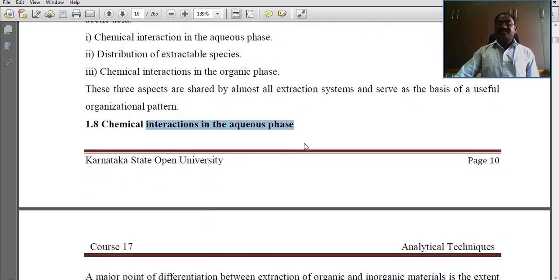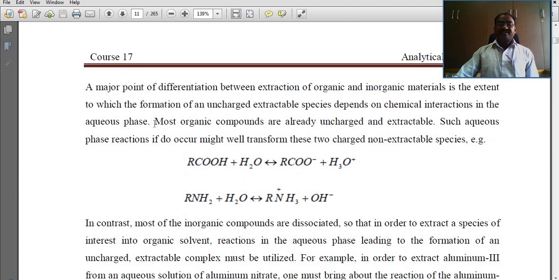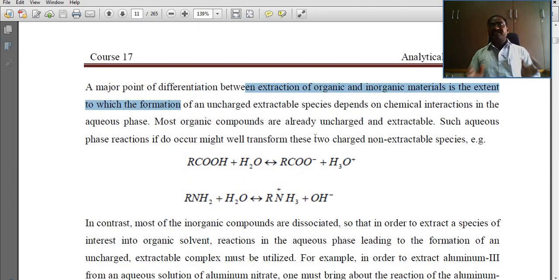The chemical interactions in the aqueous phase. The major point of differentiation between extraction of organic and inorganic material is the extent to which the formation of an uncharged extractable species depends on chemical interactions in the aqueous phase.